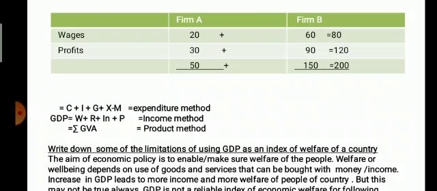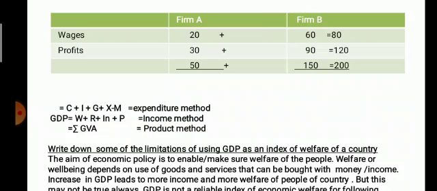G stands for government expenditure on consumption and investment, and X minus M is the net exports. Whereas GDP by income method is what? W plus R plus I plus P, that is wages, then rent plus interest plus profits will give you the income method.